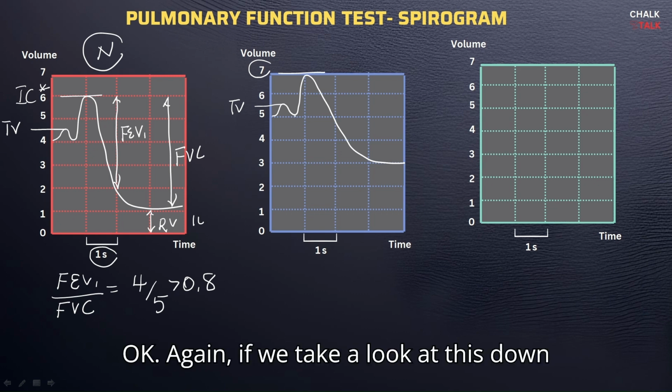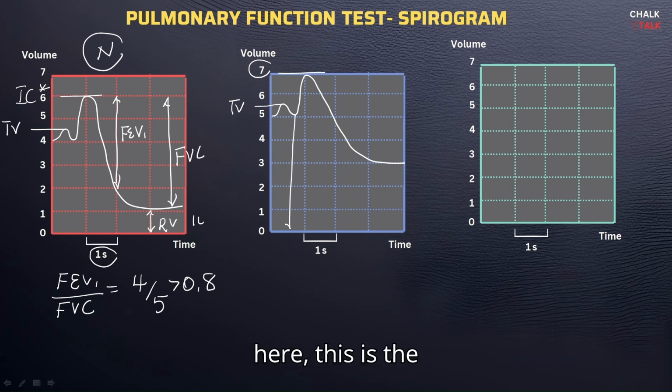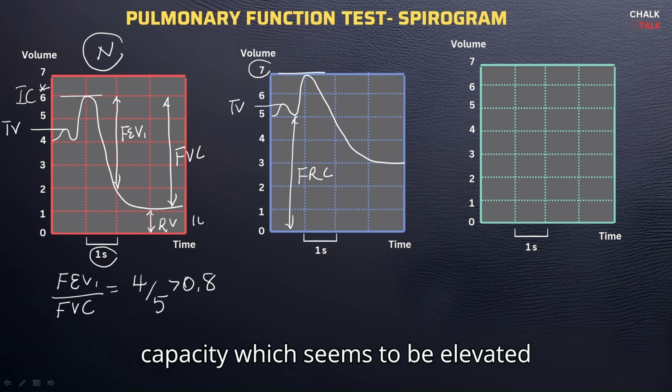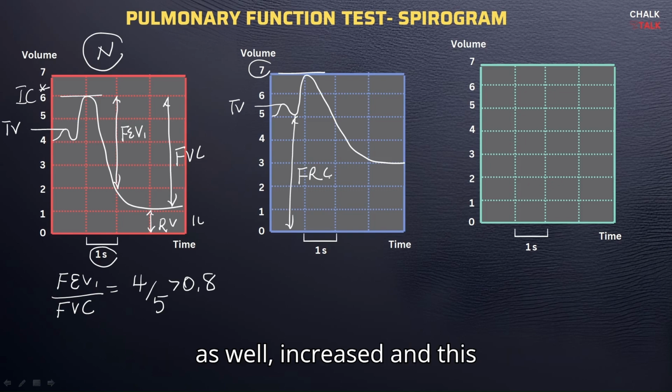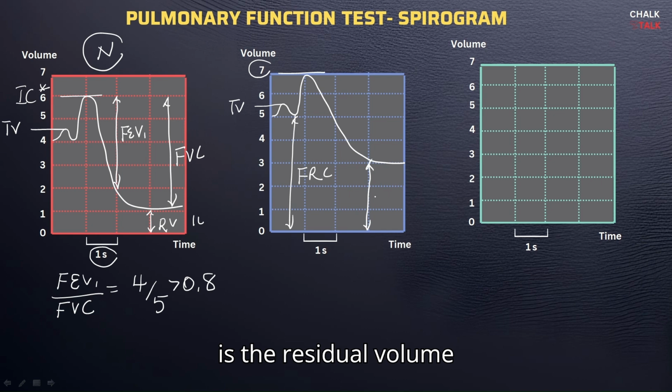Okay, again, if we take a look at this down here, this is the functional residual capacity, which seems to be elevated as well, increased. And this is the residual volume, which is also increased.